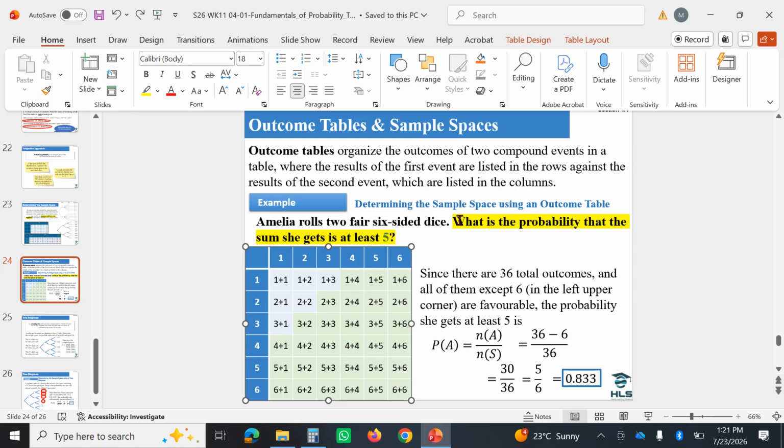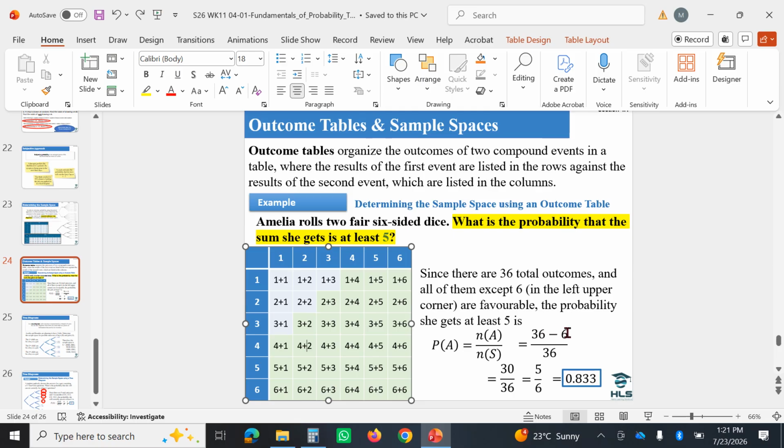All right, so what is the probability that the sum she gets is at least 5? Well, 6 out of 36 are not going to be at least 5. We see that: 1, 2, 3, 4, 5, 6. 6 out of 36 are not going to do it. So in this case we have to get rid of those 6, and we just want to calculate this probability, because all of these numbers are greater than 5 once you've added them together.